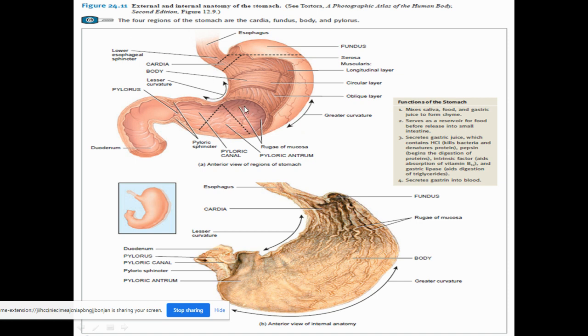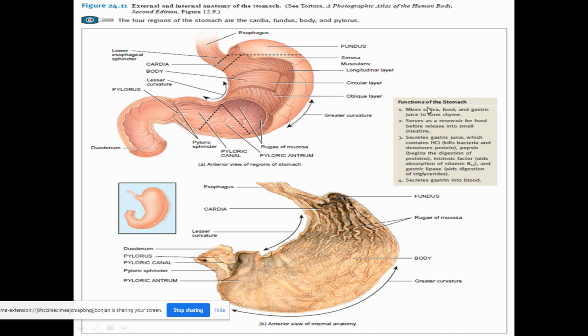This inner folding can expand, that is, it gives the elastic nature of the stomach. It can expand and hold the reservoir capacity of the stomach because of the rugae, the large number of inner finger-like foldings, which give the elastic nature of the stomach.